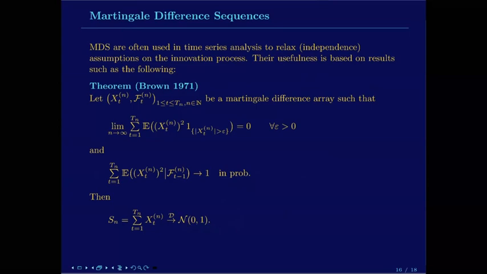And we get then, as in the central limit theorem, an asymptotic standard normal distribution. But we have not assumed here independent identically distributed random variables, but a martingale difference sequence, which is considerably weaker.